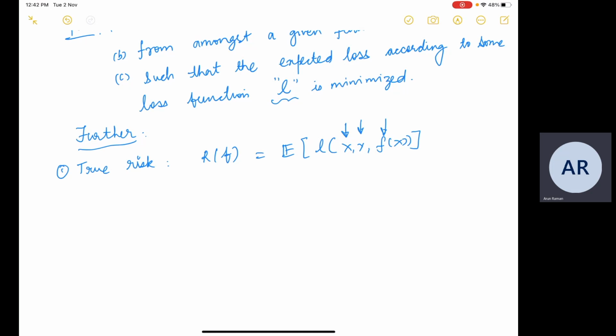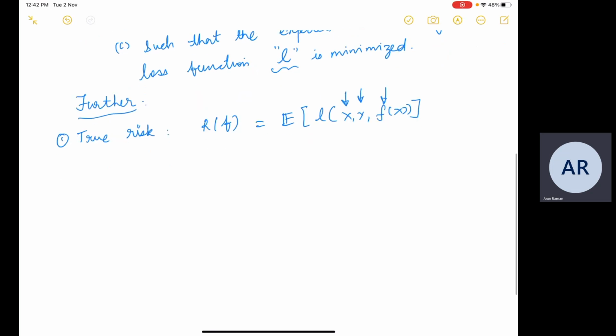Okay, so actually we want to minimize true risk, and our target function, if we might call it that, or the optimal, is given by the infimum over functions from input space to output space such that f is measurable.